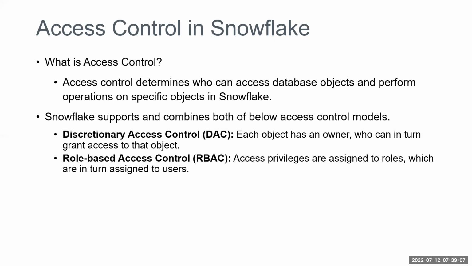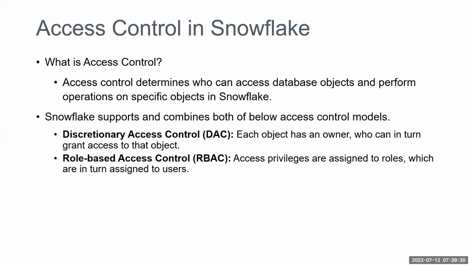So suppose if I grant only select access to a particular user, that user can only query that table, but he cannot do any modifications. He cannot execute any DML operations like insert, delete. But if I grant all permissions on the table to any user, then he can do anything. He can select the data, delete the data, drop the data.